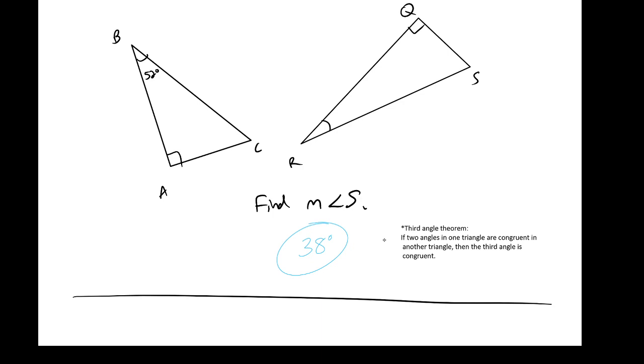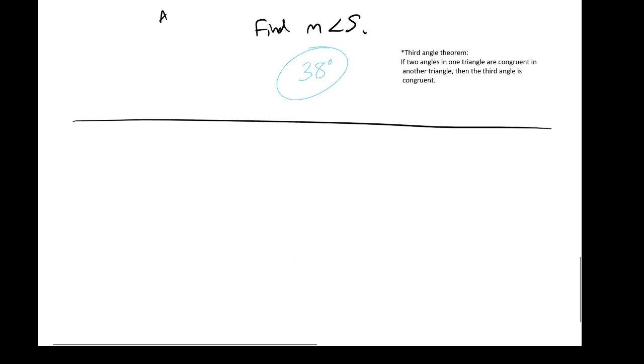And moreover, we have A and Q congruent, and we have B and R congruent, so we could use those to substitute with each other. We could substitute Q and R with A and B and say that A plus B plus C is equal to A plus B plus S. Take away A and B from both sides, and you know that C is equal to S.